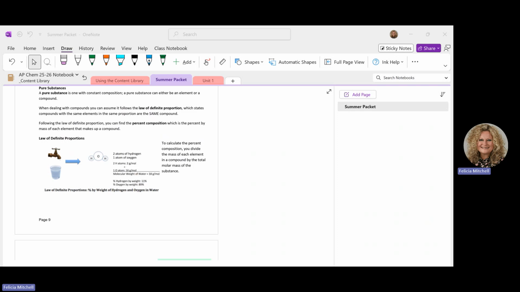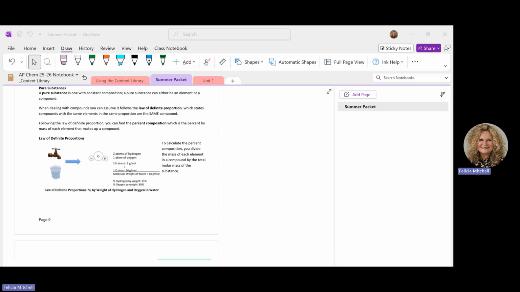We can figure out what percent of that compound is maybe hydrogen or what percent of it is oxygen. For example, looking at the masses here for water. Because we know that water is H2O, there's 2 hydrogens, 1 oxygen. If we think about the total mass of the entire thing being 18.02 grams, or 18 grams, that would be 1.01 for each hydrogen, 16 for each oxygen.